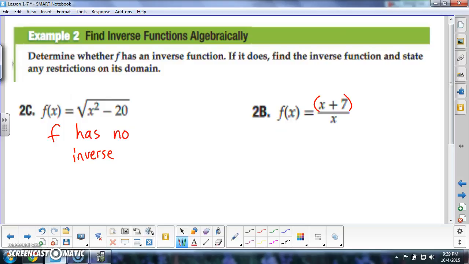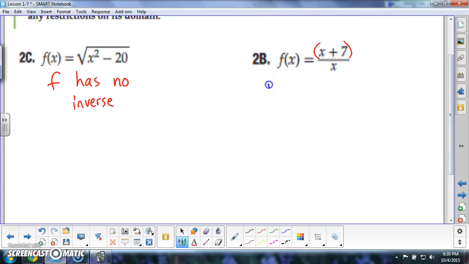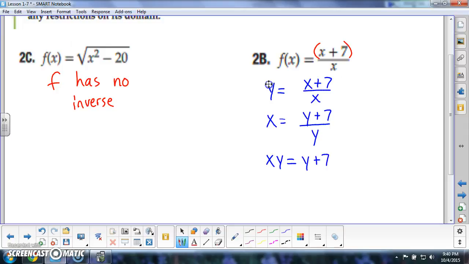So, as we go to find its inverse, the first step again is to get rid of that f of x and use a y. Now we have to interchange the x and the y, and we're going to end up with a y on the top and the bottom of that fraction. Now solving for y, we're going to multiply both sides by y to get xy equals y plus 7. And from there, what I'm going to do is move this y term right here over to the left so that I have both y's together on the left.